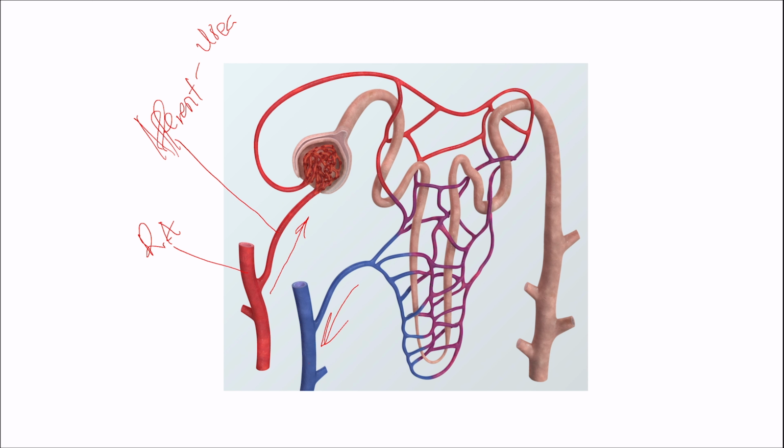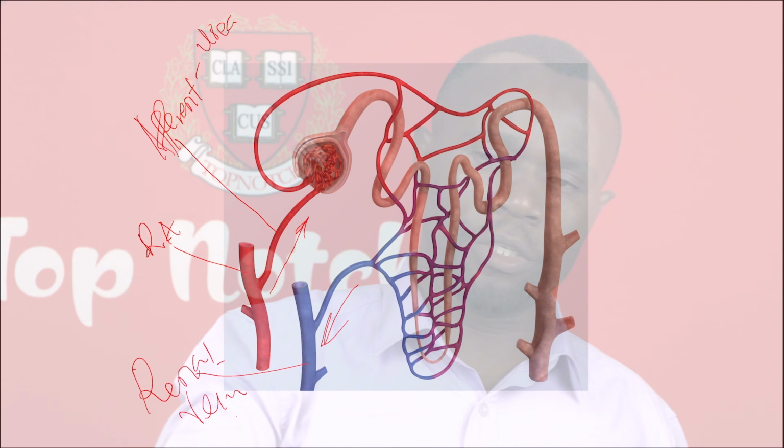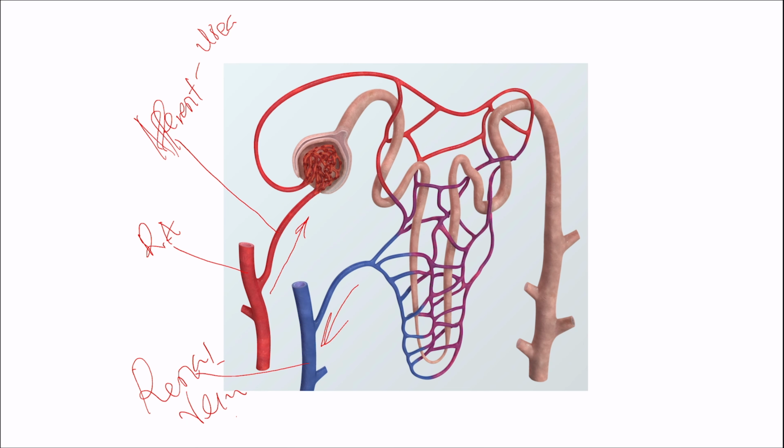We have the renal vein, represented by blue to indicate it's a vein, and its role is to take blood from the kidney, and this blood will have a very low concentration, if any, of urea.